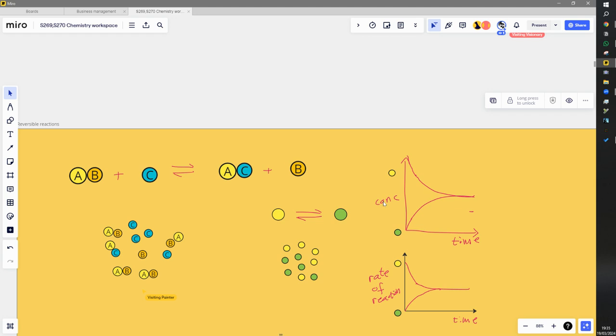There's always going to be a point at which the concentration is where either the reverse reaction or the forward reaction is favored. In other words, it's easier to have the forward reaction or it's easier to have the reverse reaction.